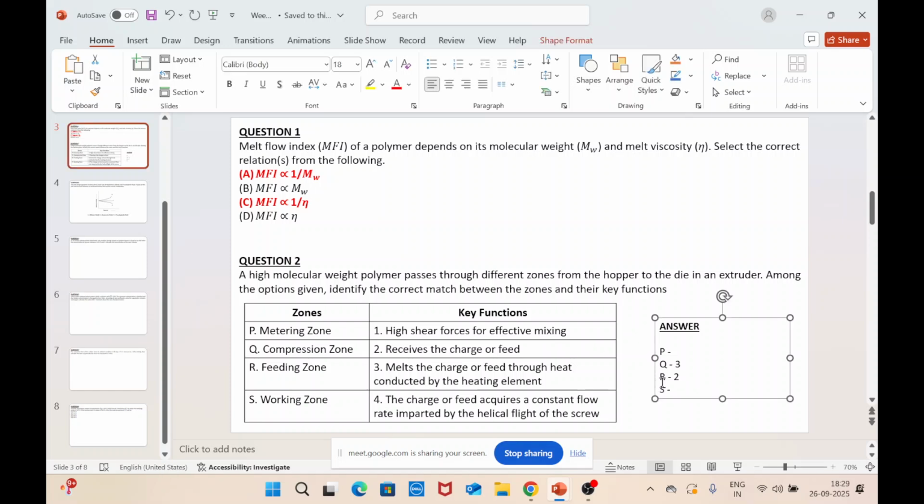High shear forces for effective mixing. Is it okay? Any response or any idea or any thoughts on this?